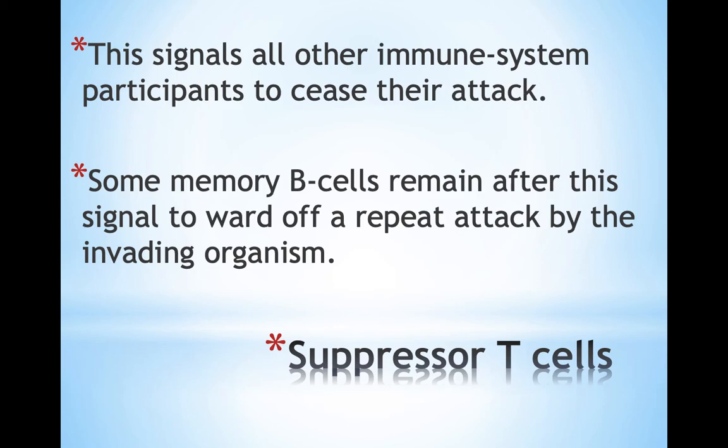Now, in terms of memory B cells, even though they're already inhibited by suppressor T cells, some memory B cells will remain after the signal for the immune response has been eliminated.